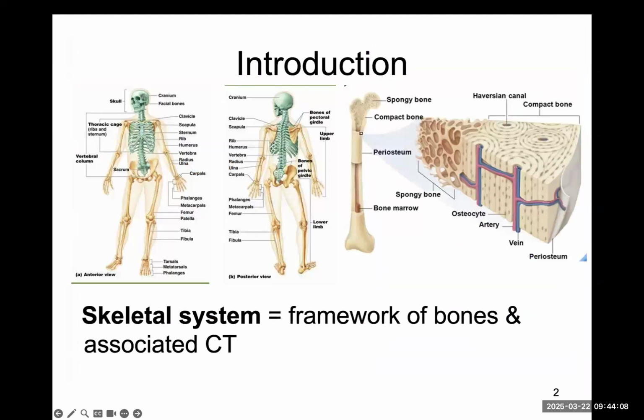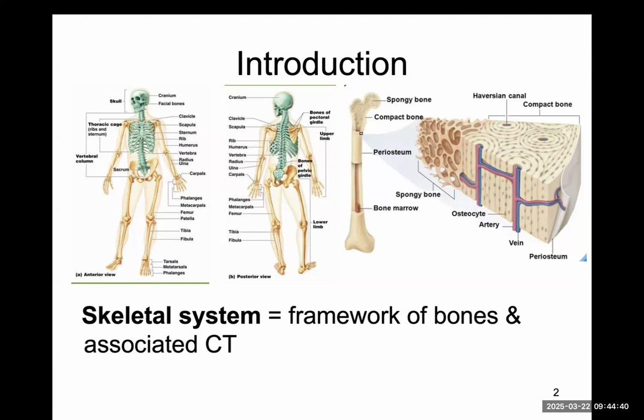The first thing we need to know about the skeletal system is that it's one of the connective tissue types. Remember, we talked about tissue types in chapter 3. We have epithelia, connective tissue, and nervous tissue. The skeletal system is comprised of multiple types of connective tissue, such as bone and cartilage, and things like ligaments hold the bones together.